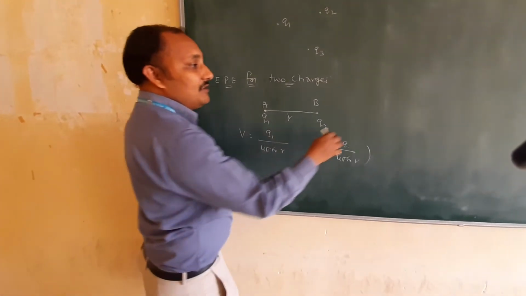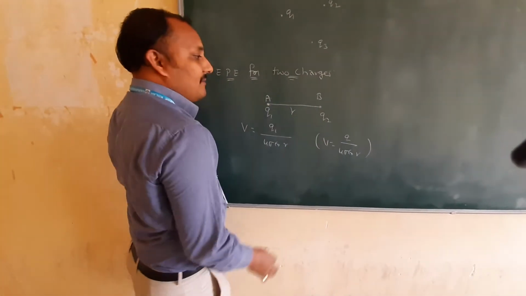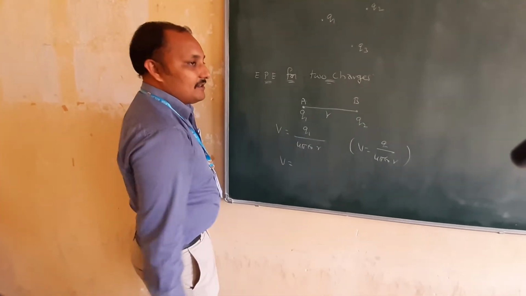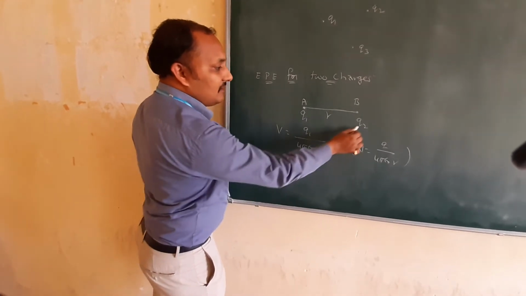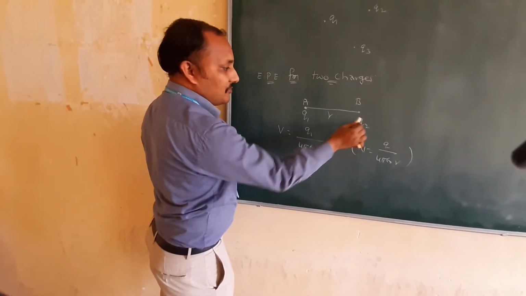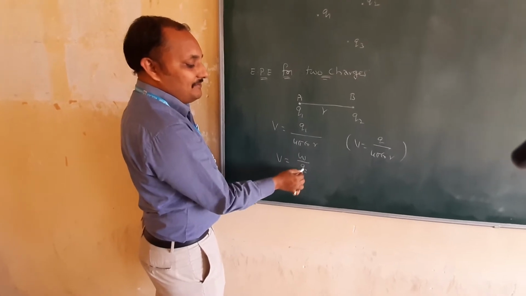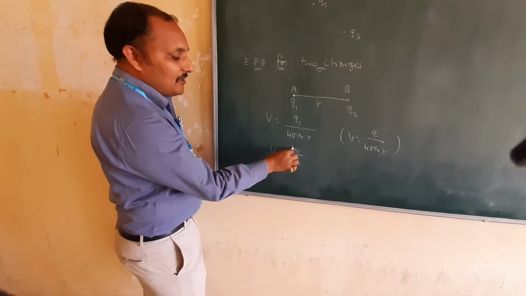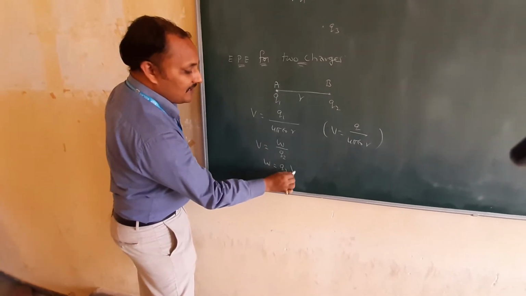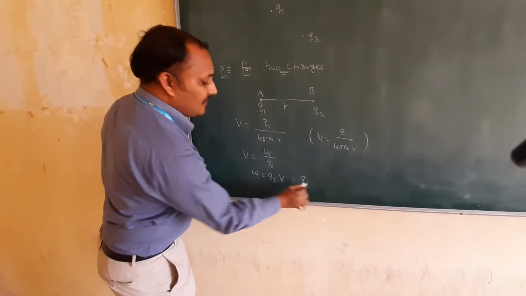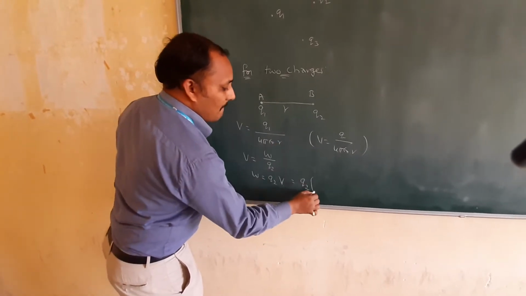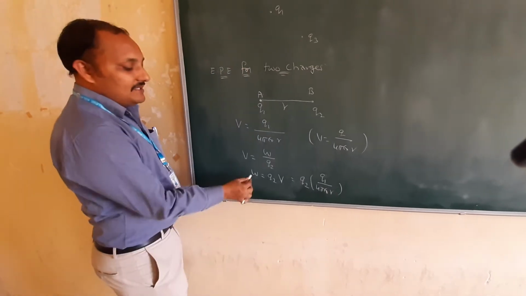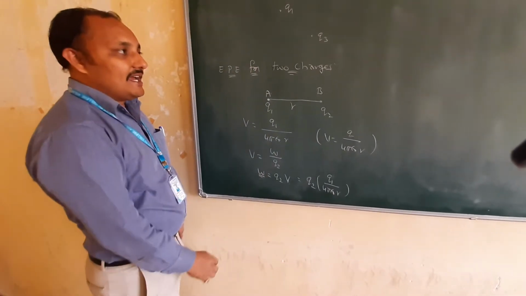Now how much work did I do to bring Q2 from infinite distance to this point, that is, the potential at point B? V is the amount of work done on which charge? Q2, the charge I brought here. Therefore the work done to bring charge Q2 up to distance R is W equal to Q2 into V, that is Q2 into Q1 by 4 pi epsilon naught R. This work done only will be stored as potential energy.